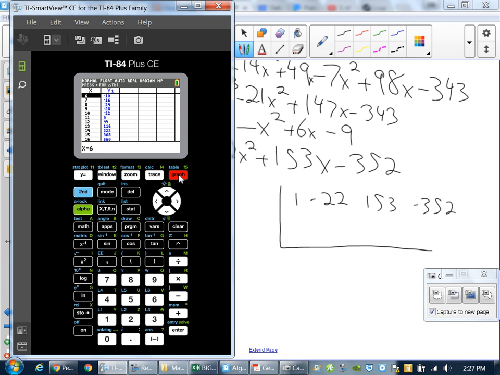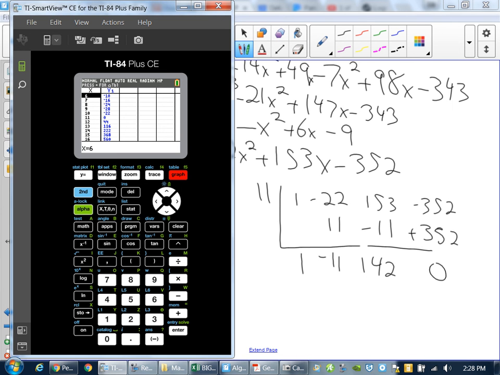You get a 0 at 11. Guys, you get a 0 at 11. Which means at this point, you use synthetic division to break it down to a quadratic. I know it has to equal 0 because this told me so.